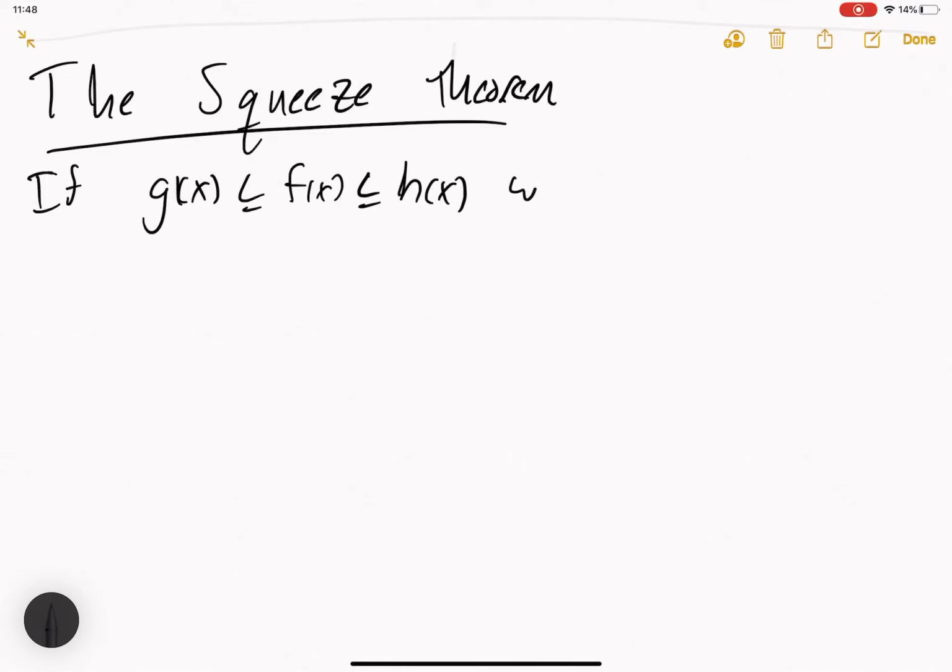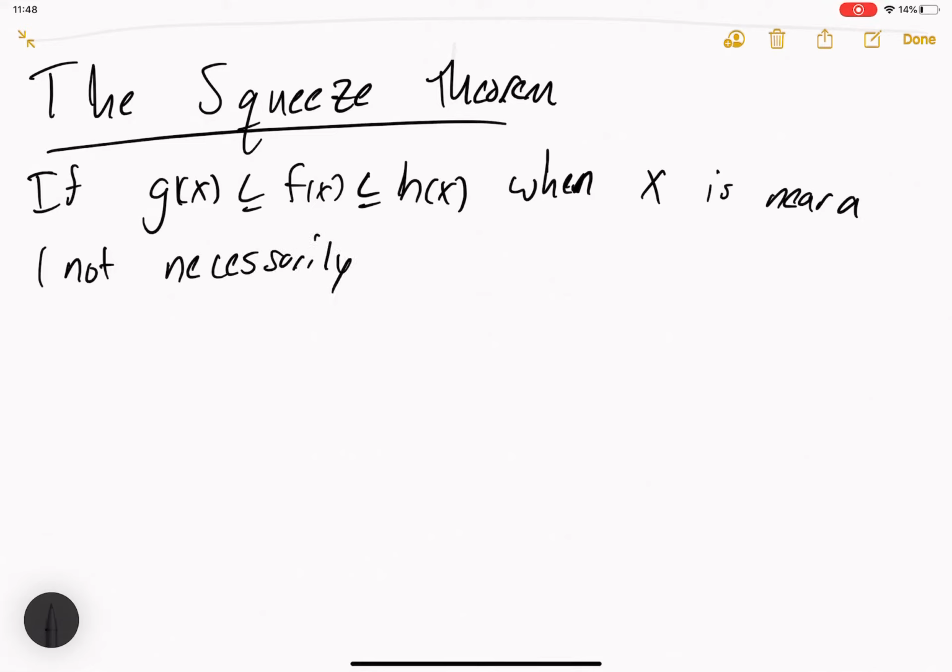And we don't need to specify that it's everywhere, just when x is near A. A is going to be our limit point that we care about, and we don't necessarily care at A, because even if these functions have different values at A, the limits still have to exist and they still have to equal the same value.